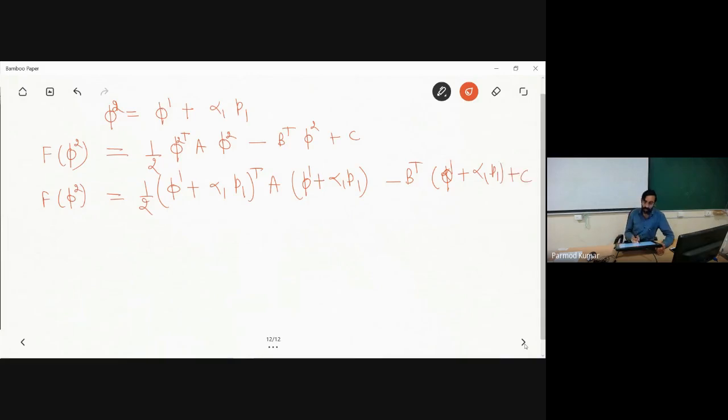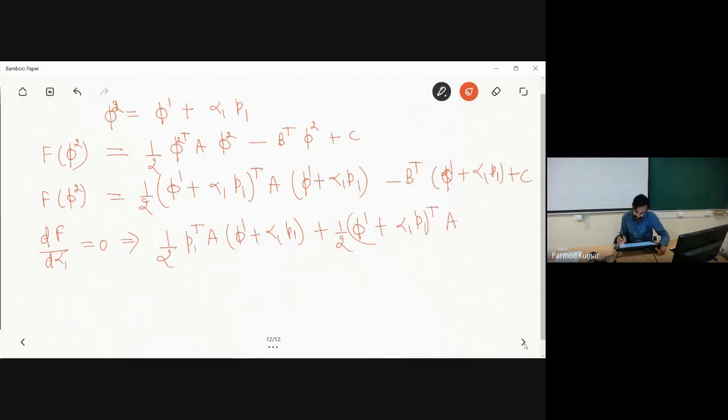So now over here, alpha 1 is the quantity which we want to calculate. So let me differentiate this function with respect to alpha 1 and set it equal to 0. What will I be getting? Half of P1 transpose A into phi 1 plus alpha 1 P1, plus half of phi 1 plus alpha 1 P1 transpose into A into P1, minus B T into P1, and this I have to make equal to 0.